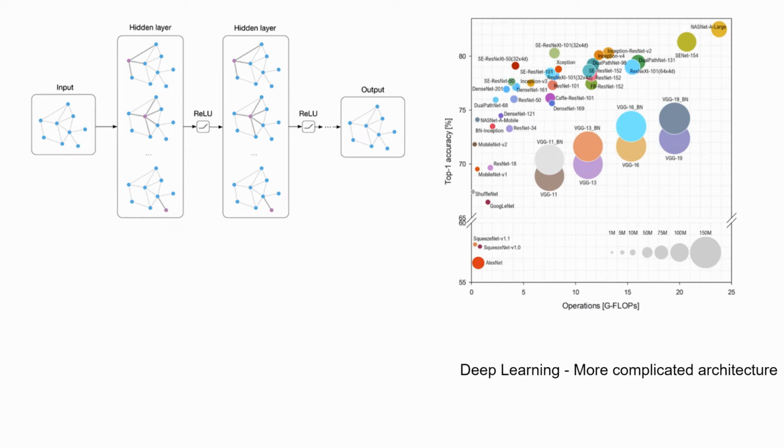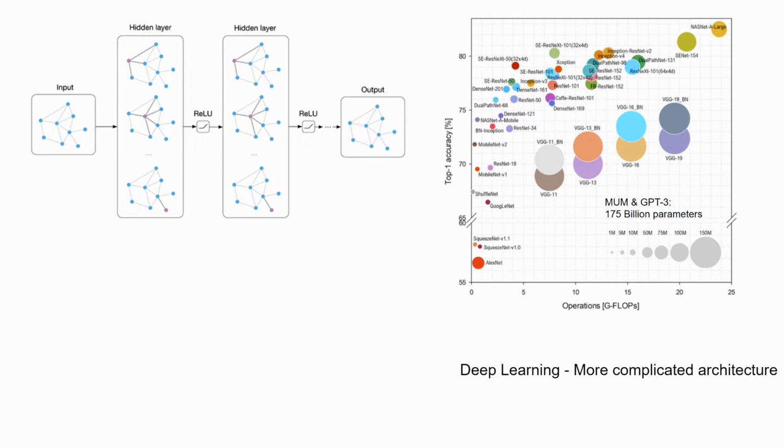The bigger the circle, the more parameters are in the model. As you can see, the number of parameters can easily go up to tens or thousands of millions. The GPT-3 model and the MUM model recently released by Google have 175 billion parameters. The complicated structure makes deep learning models extremely powerful in representing complicated data.